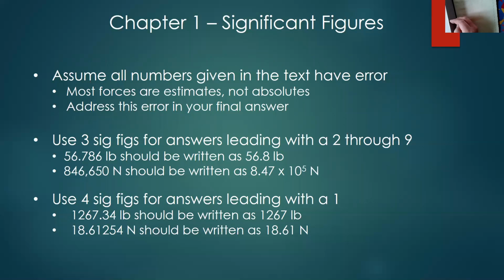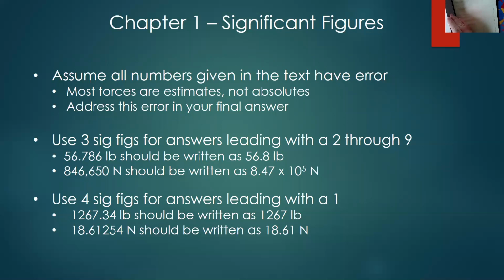In that case, you just have the 3. If you have a number like 846,650, then write it in scientific notation, using proper scientific notation with only one number before the decimal, and then to the appropriate power.